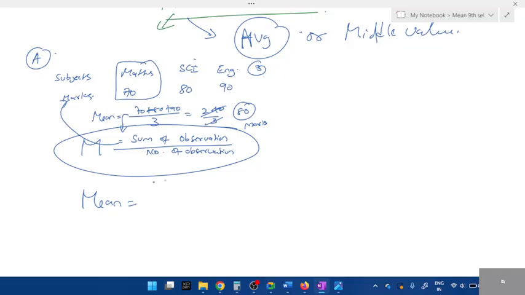Okay, we'll start solving questions. Have you written the formula? Sum of observation divided by number of observation.